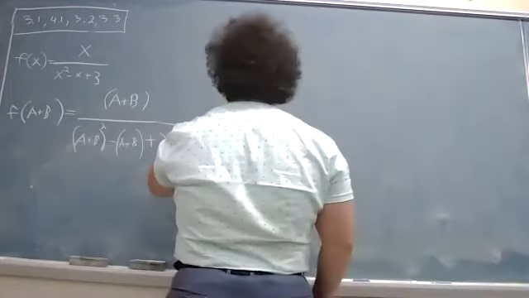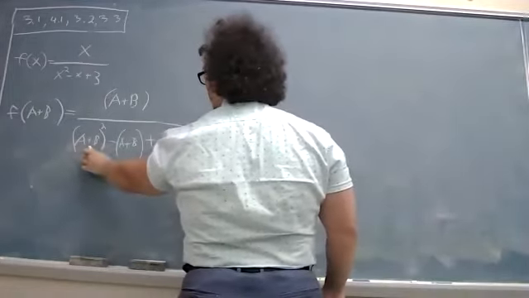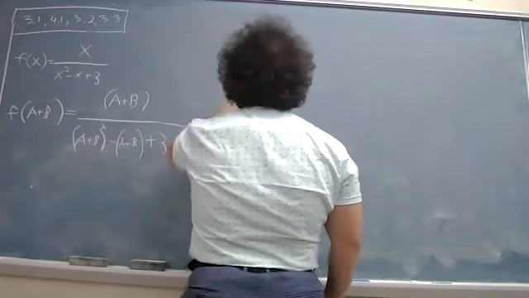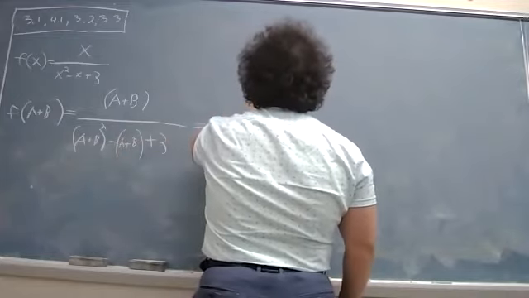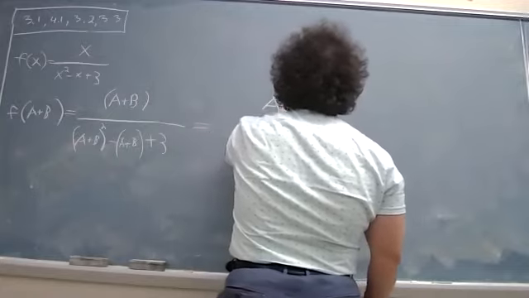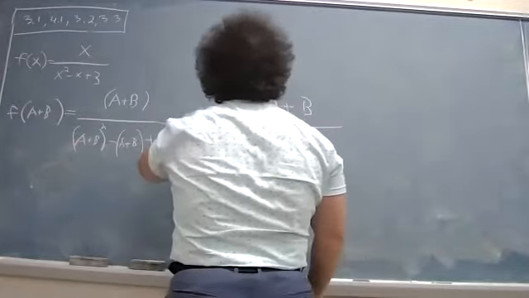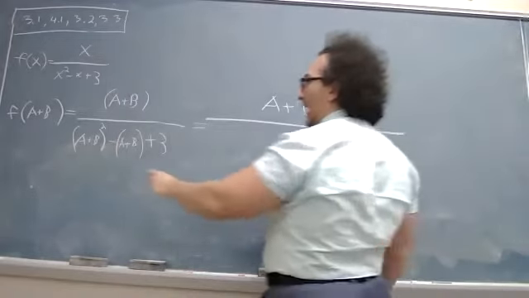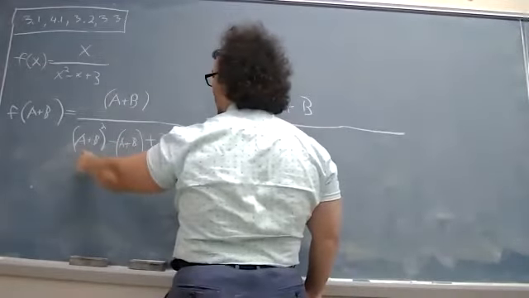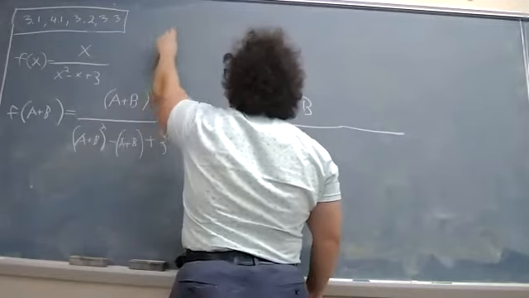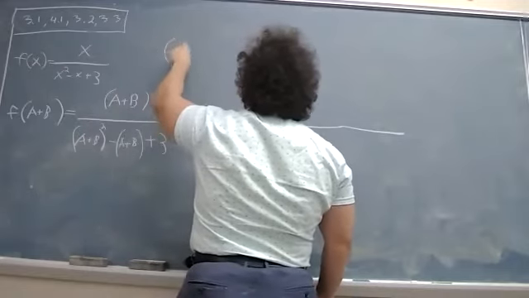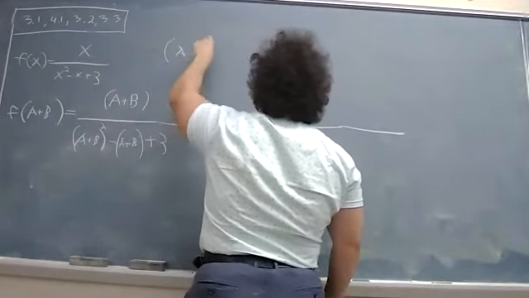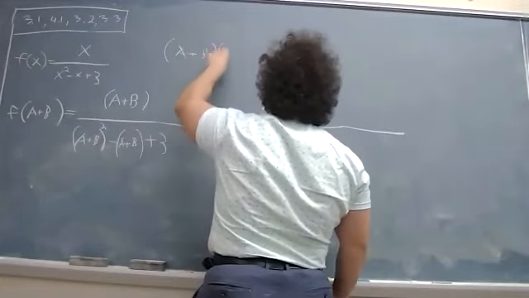So we got to FOIL or distribute here, if you will. So the top just stays a plus b. The bottom gets a lot more interesting. Notice that a plus b quantity squared is the same thing as a plus b times itself.